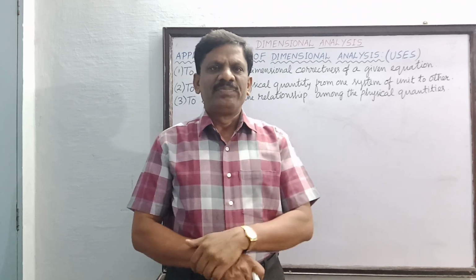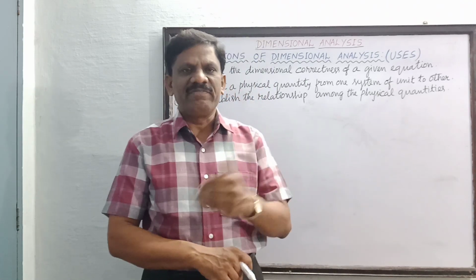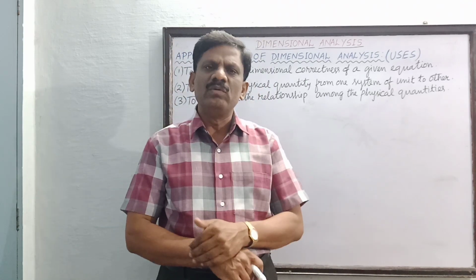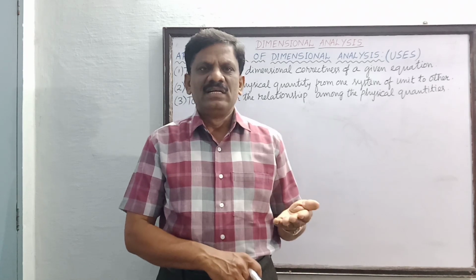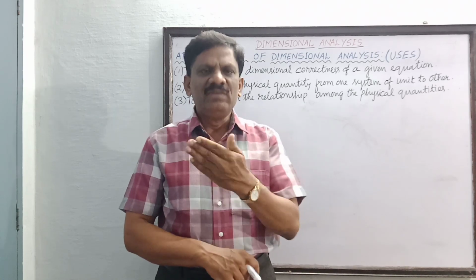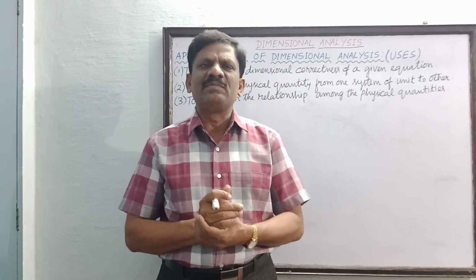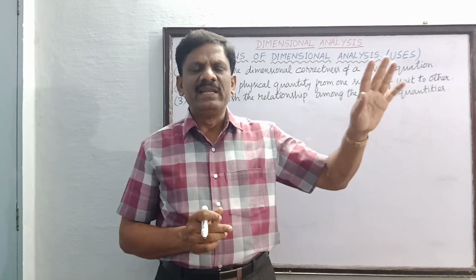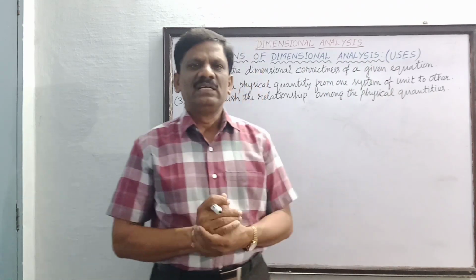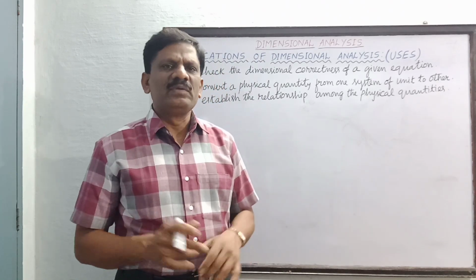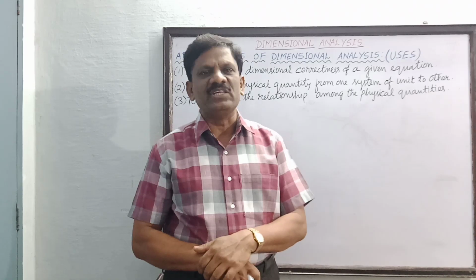For example, take the mirror formula, 1 by f is equal to 1 by u plus 1 by v. f is distance, u is also distance, v is also distance. So reciprocal of length is equal to reciprocal of length plus reciprocal of length. Like that, so many equations we can verify by the dimensional method. That is the first application.